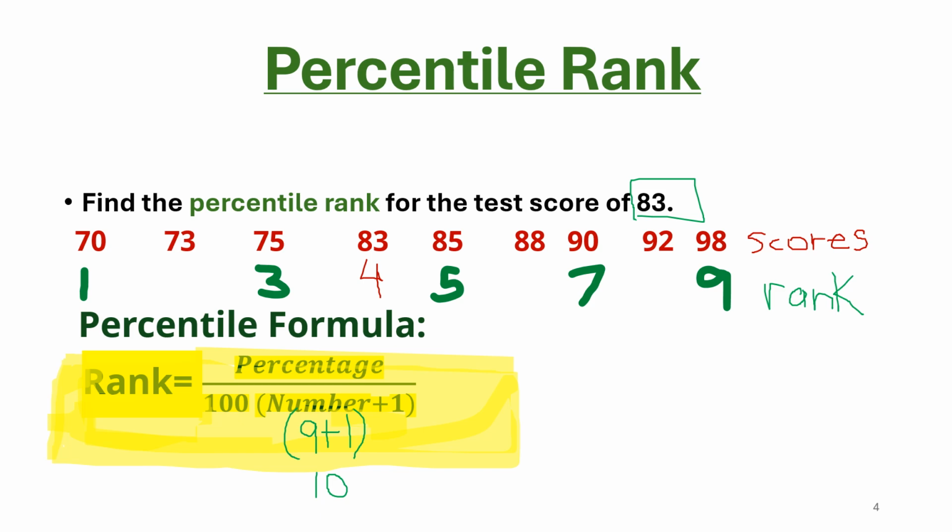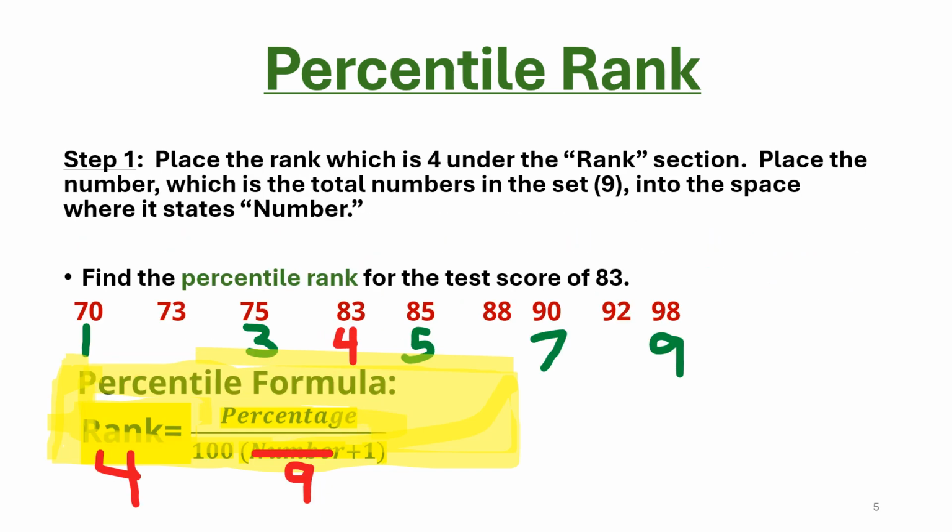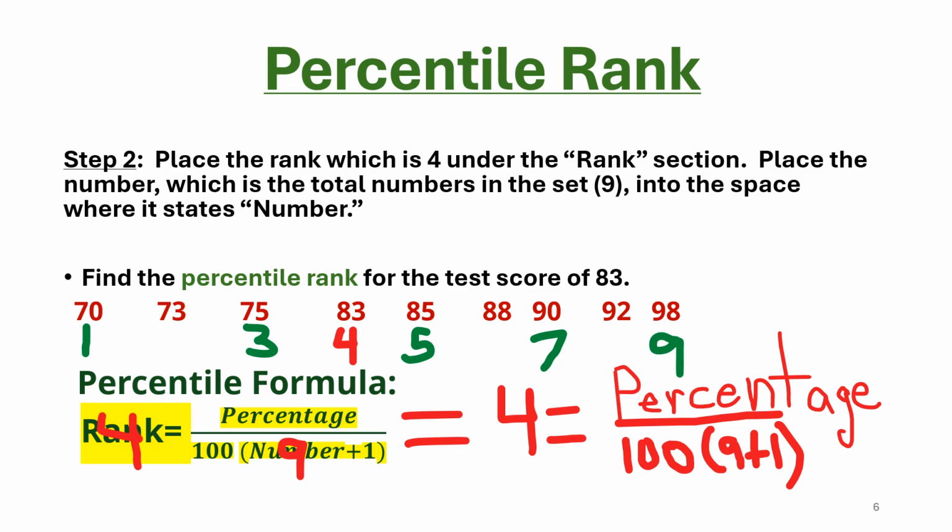Let's move on. I did the same thing here. I put the rank here, and you're just going to replace here. 4 equals a percentage over 100 times 9 plus 1, which is 10. And because it's a percentage, I'm going to go ahead and put 10.